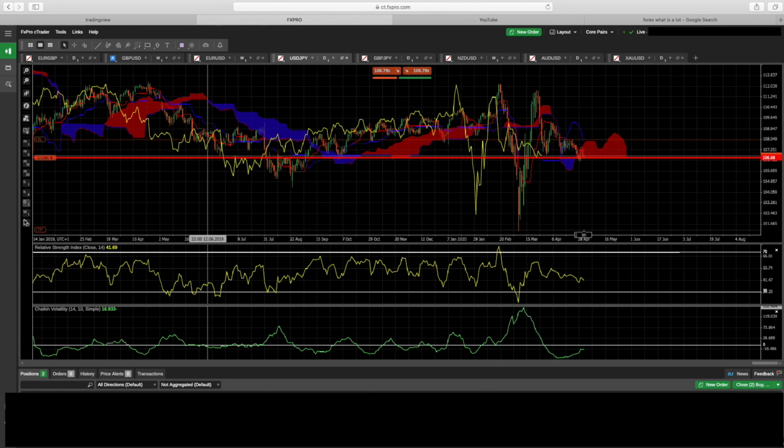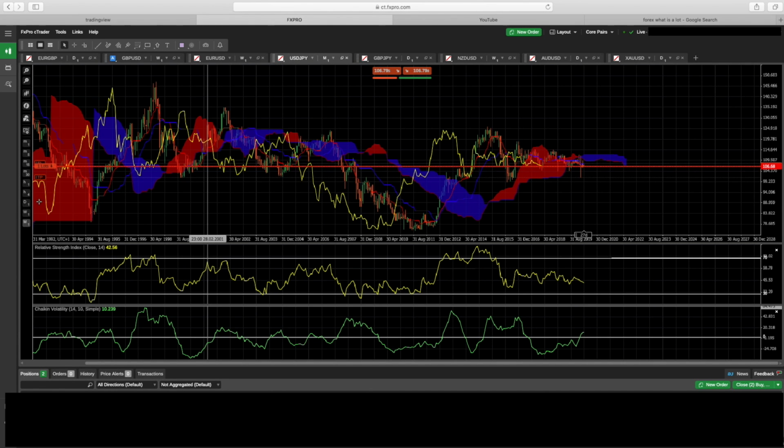Let's just jump quickly to the monthly, and I can give you a bit more analysis on this. If we're on the monthly looking left, the last time we closed below the cloud is here at 2008, and when we close below the cloud, the trend is a downtrend from then on. And if we look further left, let me just put in the trend line to show you exactly what I mean.